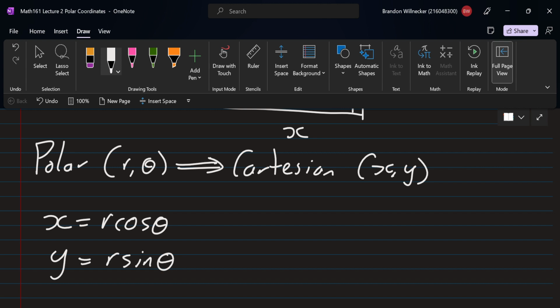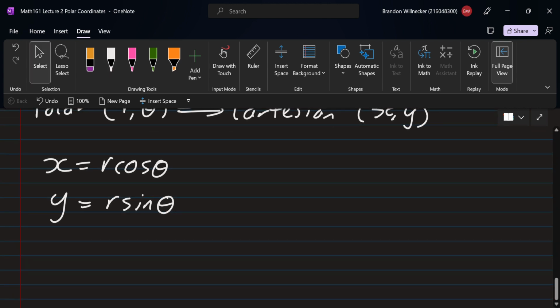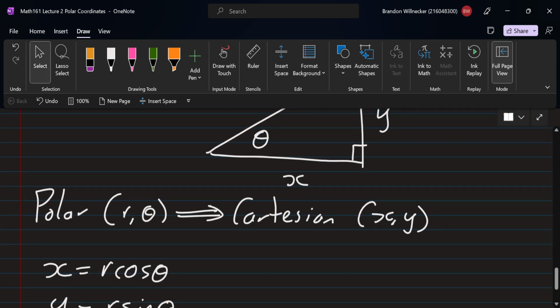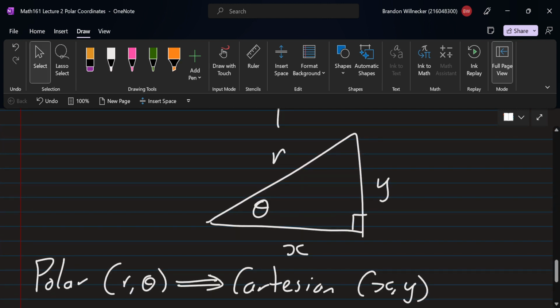But remember, we can go both ways with this. We can also go from Cartesian to polar. That's r and theta. And again, we can use the triangle. Now we imagine we don't know r and theta, but we do know x and y.